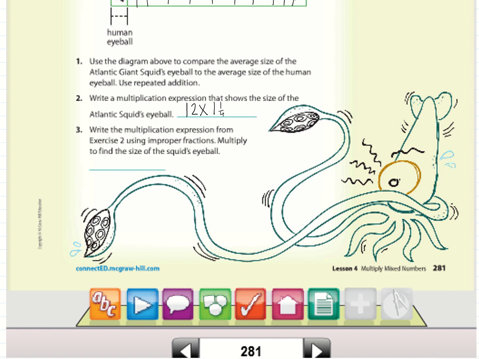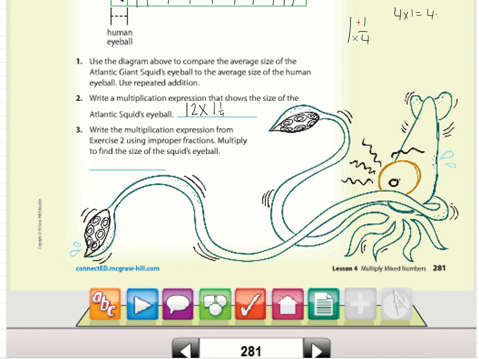So the 1 1/4, I'm going to do some math over here. We have to change that to an improper fraction in order to multiply. In order to do this, we multiply the whole number with the denominator, and then we add the numerator. So we start with the denominator first. 4 times 1 equals 4.